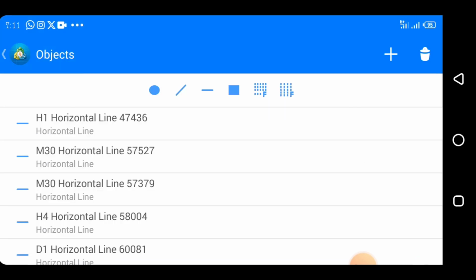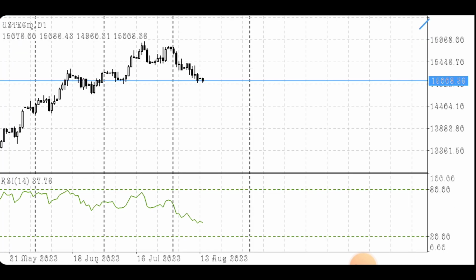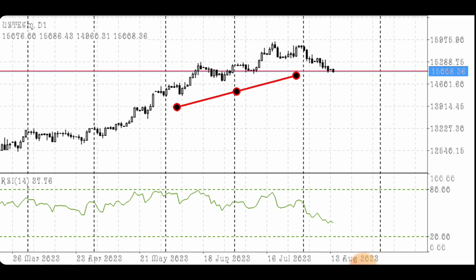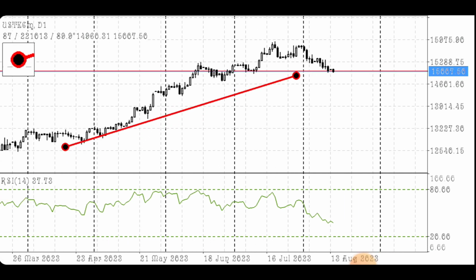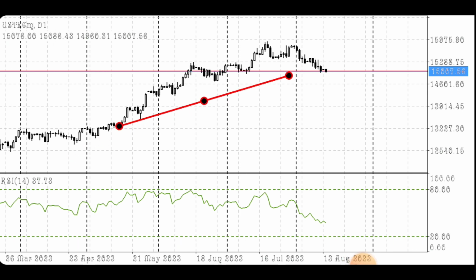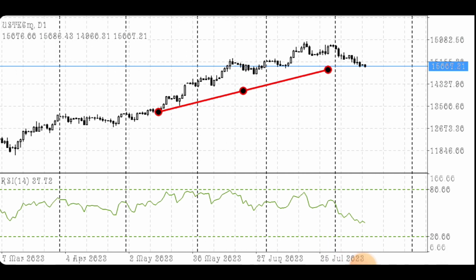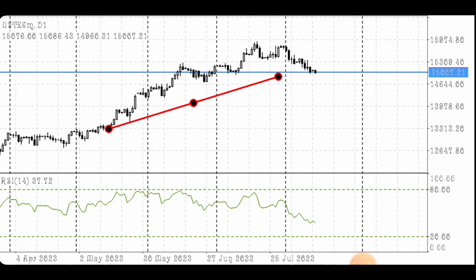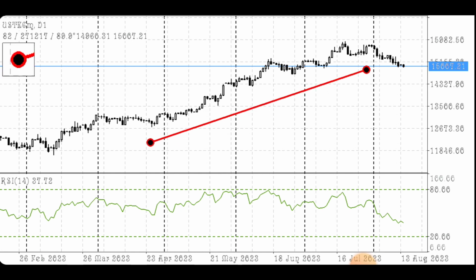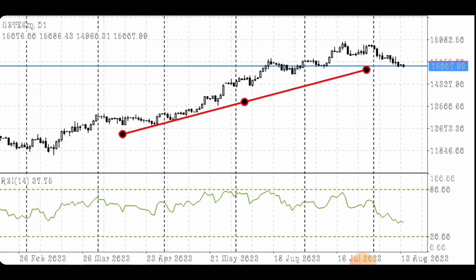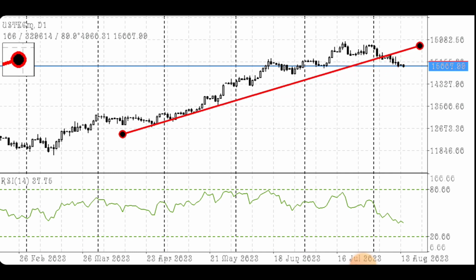Let me show you. So this is the daily chart. This is the day one chart here, and the market has been on an uptrend since March.